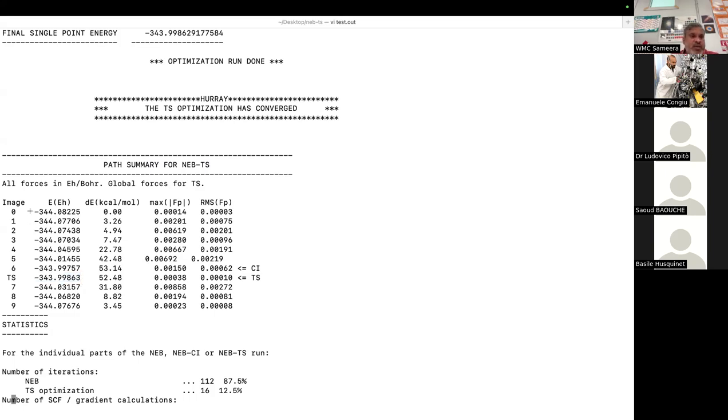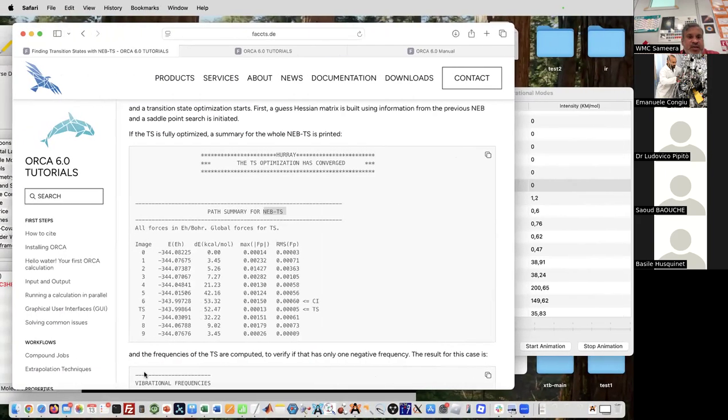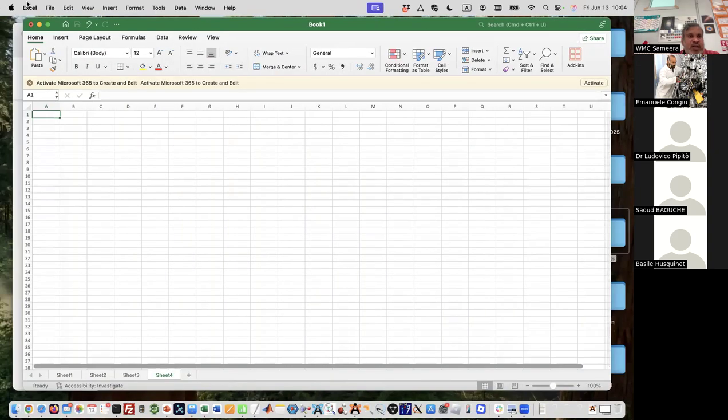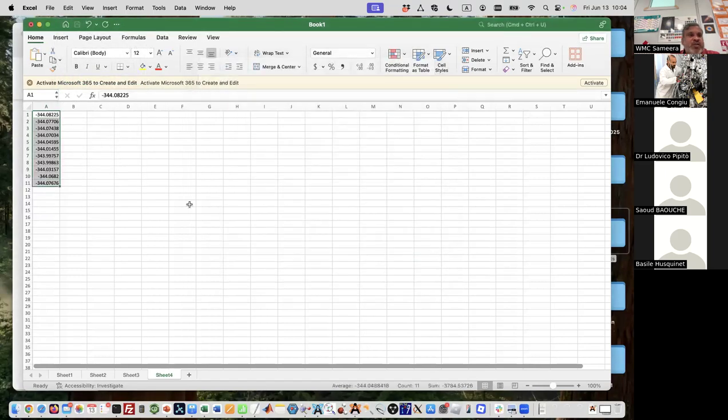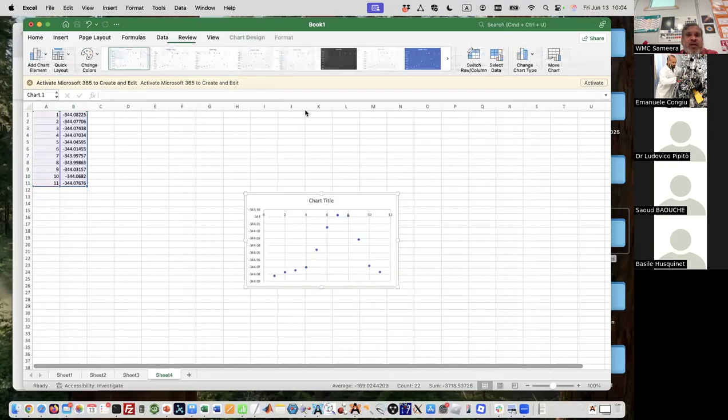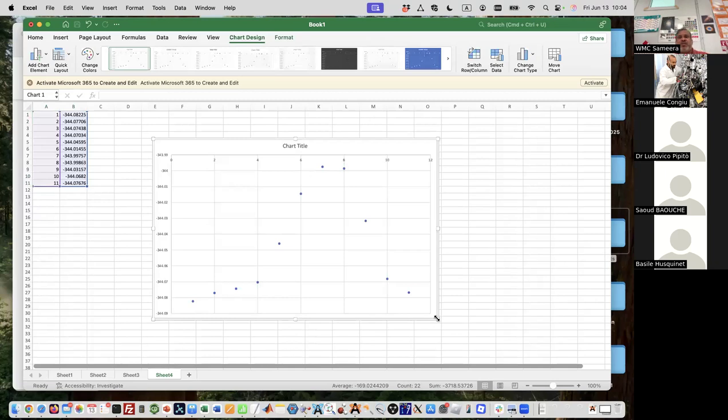If you want to plot this, simply take these energy values, and you can use Excel and try to plot these energy points. And then you can find how energy changes with the number of steps. Now you can see a plot like this.